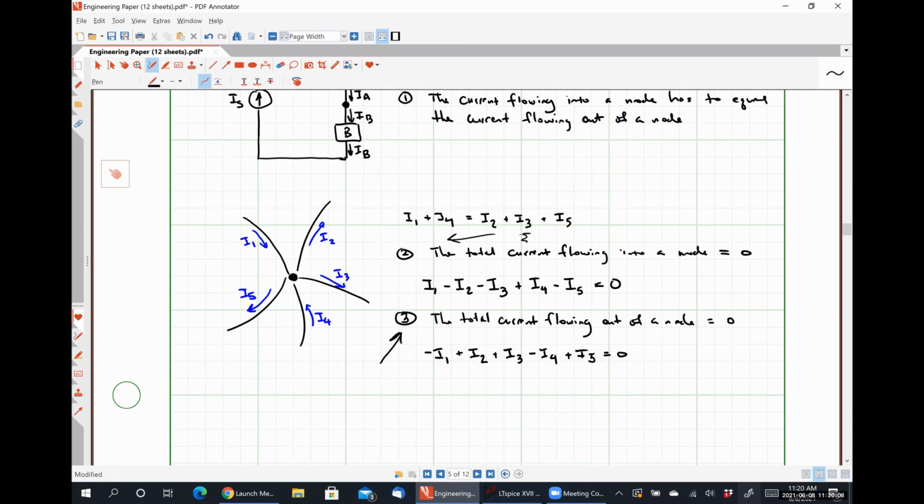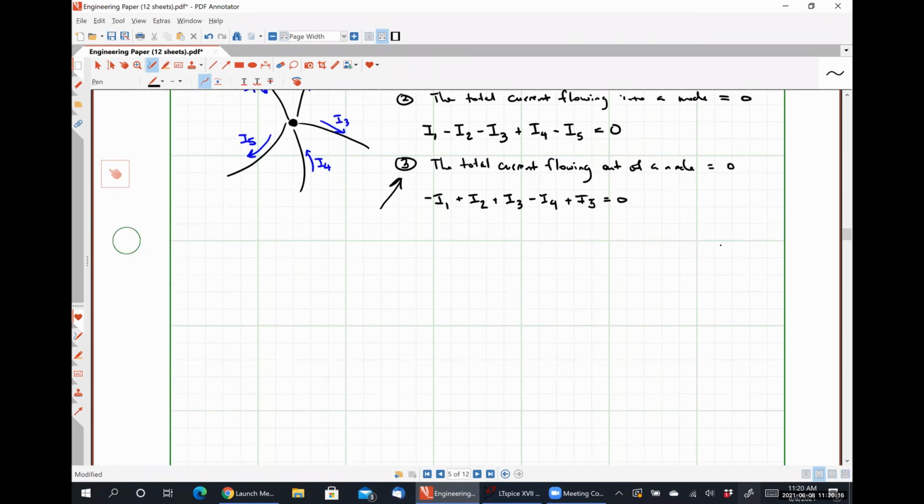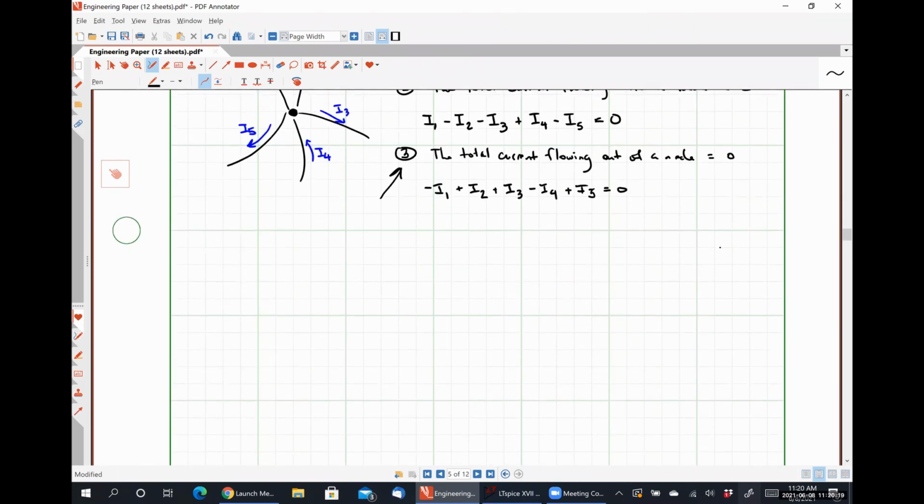All right, so let's put Kirchhoff's current law in action.